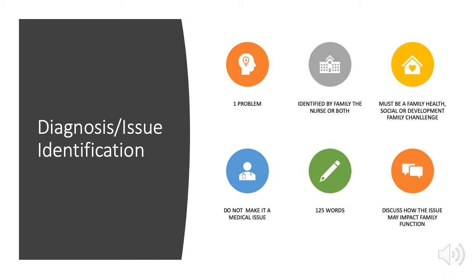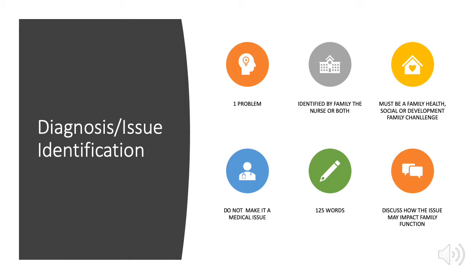Now, the discussion is around how the issue or the problem that you've identified may impact family function. So that is really important. How this challenge will impact family function. So if the issue has been identified by an individual or by the family, it's not about the individual, it's about the family.